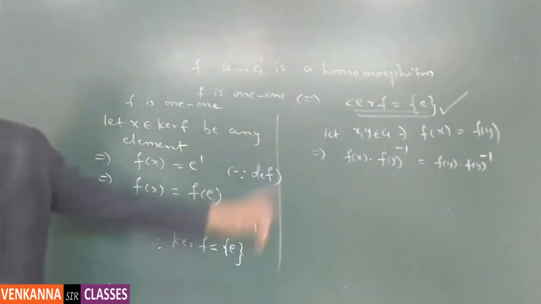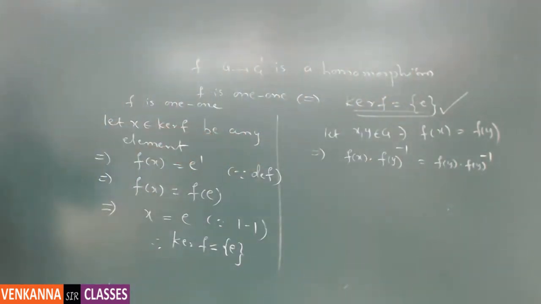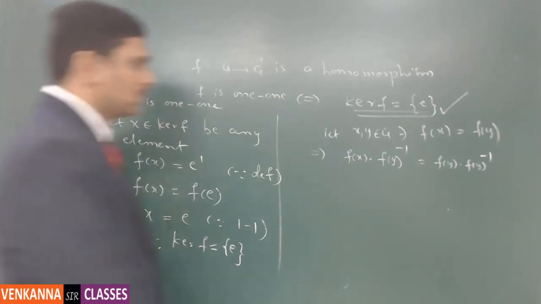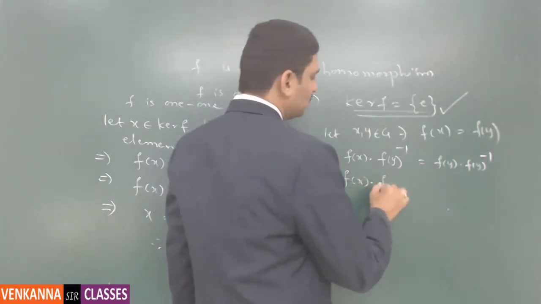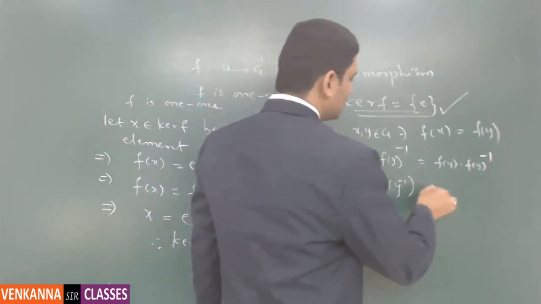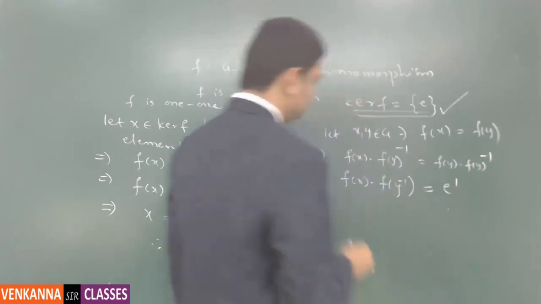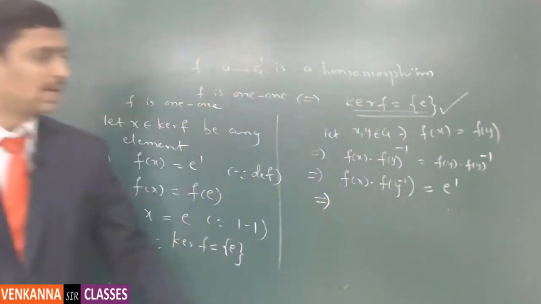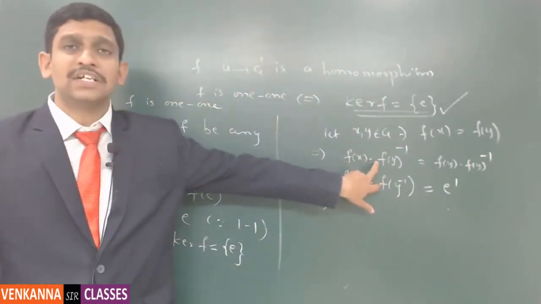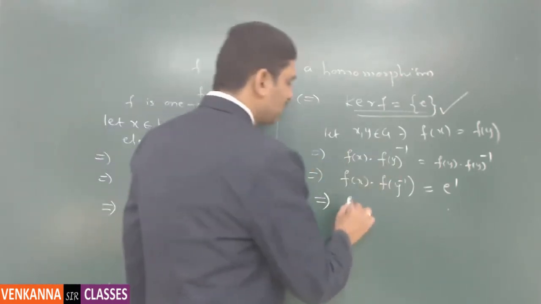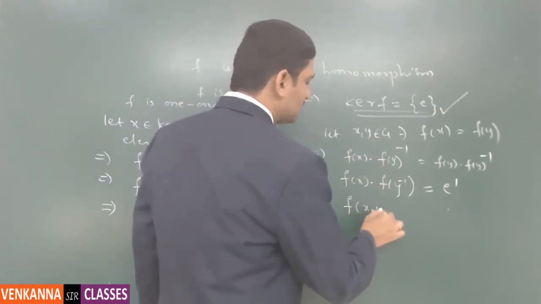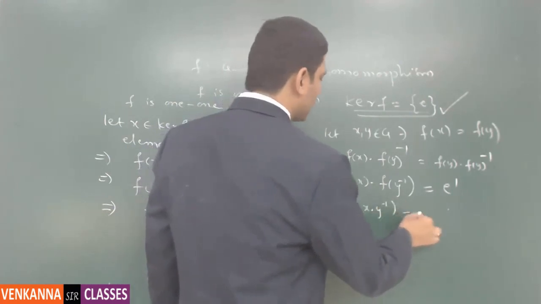So what am I doing? I am multiplying both sides with f of y inverse. So from this you can say that f of x into f of y inverse is equal to identity. Because this condition I already mentioned how it came. Since f is a homomorphism, you can write it as f of x y inverse equal to e dash.